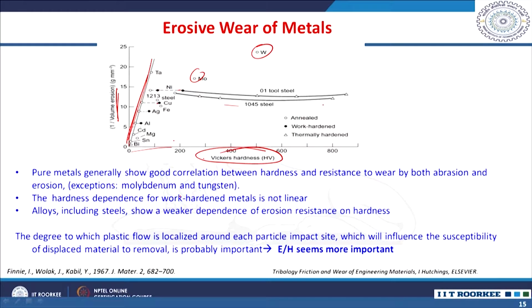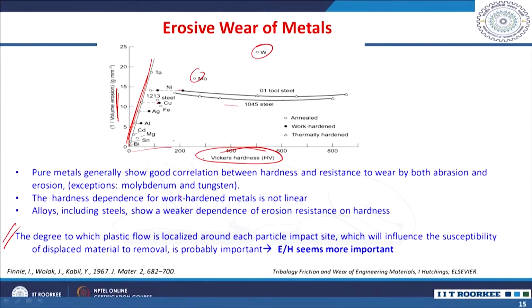That gives a very important observation: it is not only the hardness that determines the erosion. If you want to select a material with a higher erosion resistance, you have to see not only the hardness but also the elastic modulus of that material.